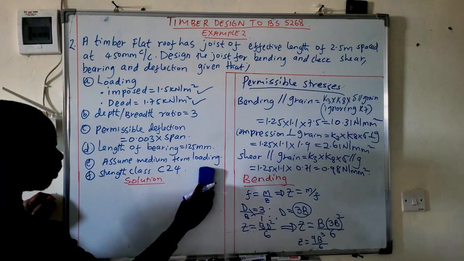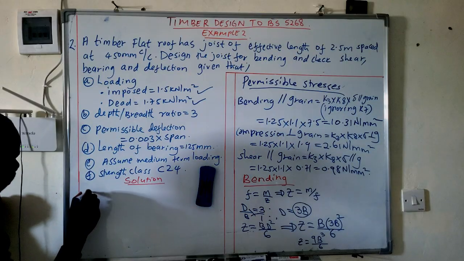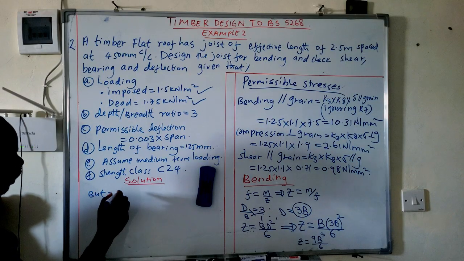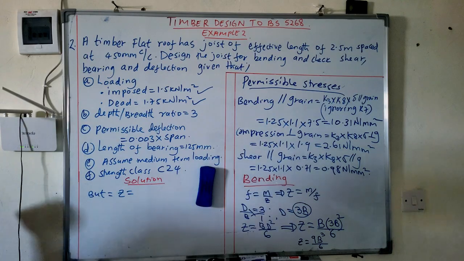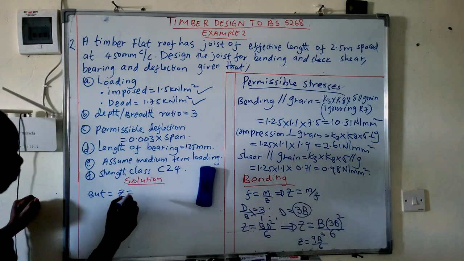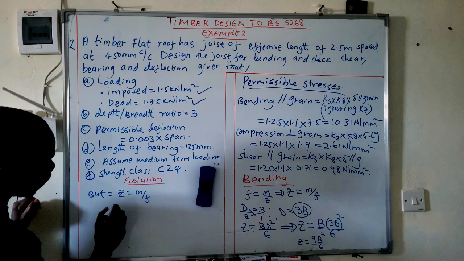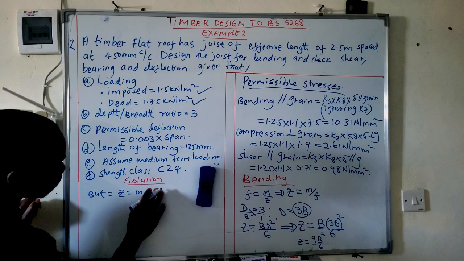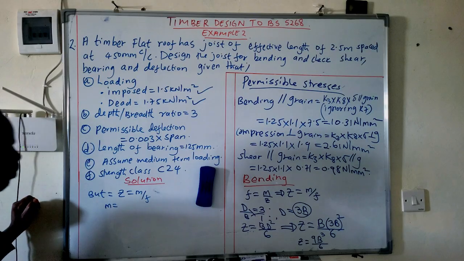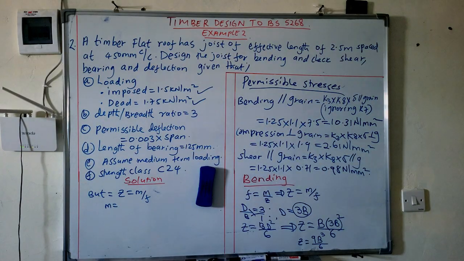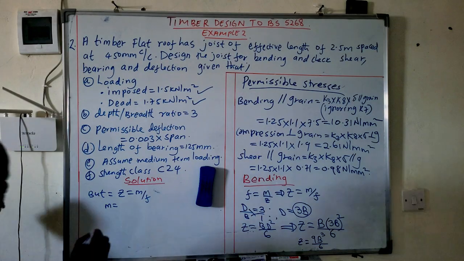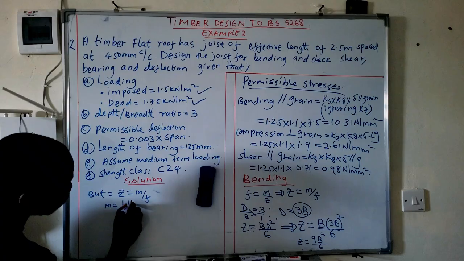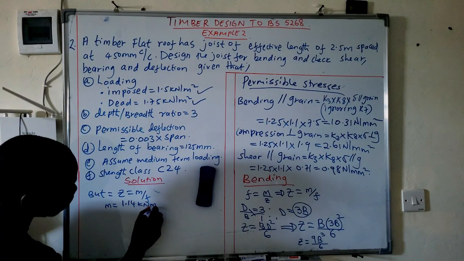But you can say, Z again is equal to M over F, and M, we know our M was 1.14 kilonewton meter.